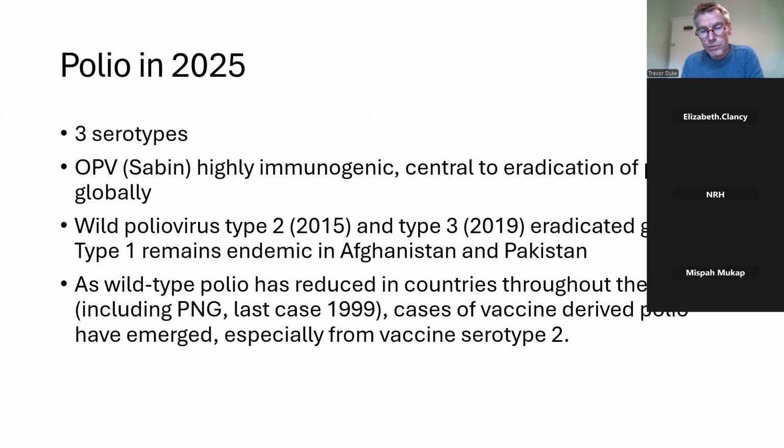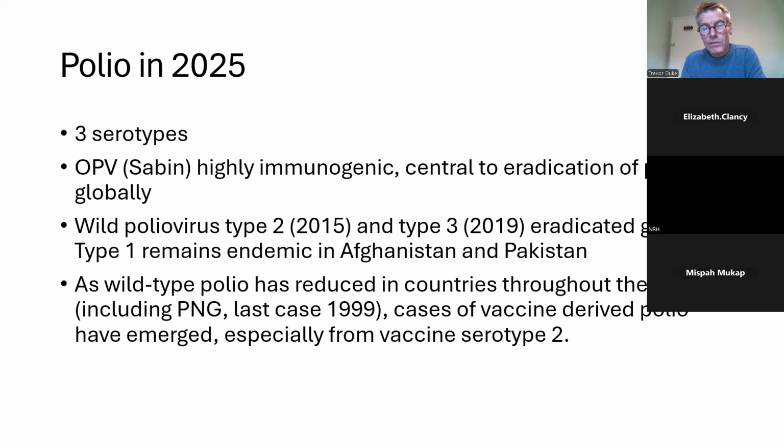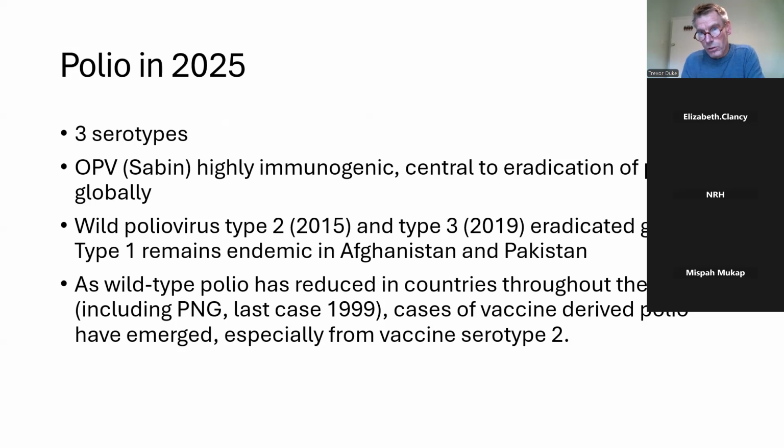And what was found in the first, especially 20 years, of the major efforts to eradicate polio is that vaccine serotype 2 was the most likely to cause vaccine-related polio. Now, remember, it's not the vaccine virus itself.